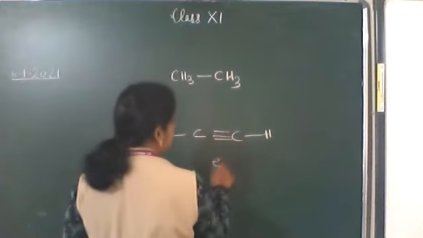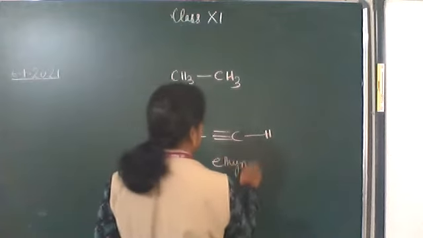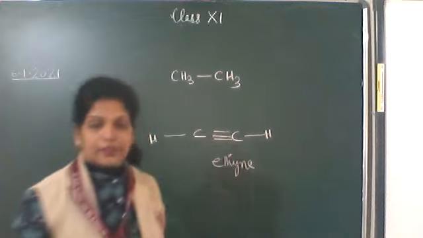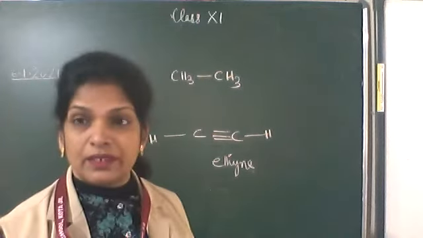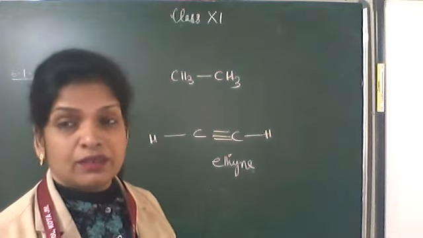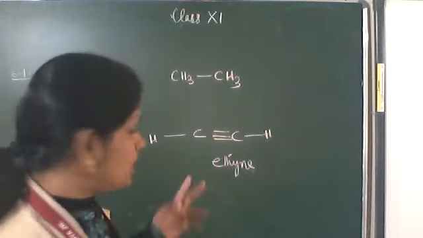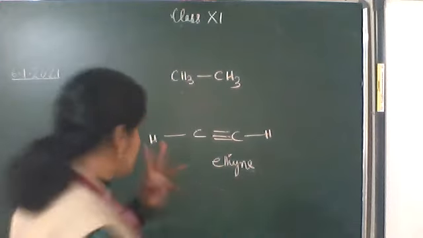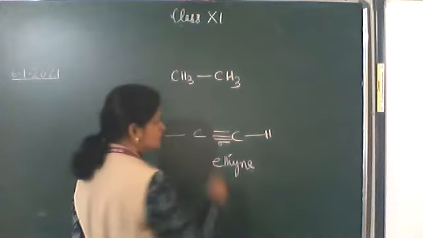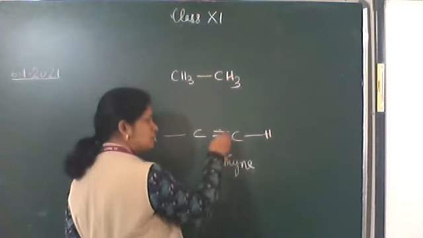This is ethyne. In ethyne, you see a triple bond. Ethyne or acetylene. A triple bond is constituted by one sigma bond and two pi bonds. One sigma bond and this one pi bond, this one pi bond.